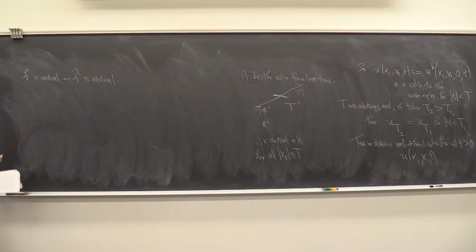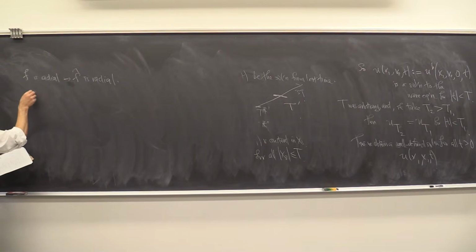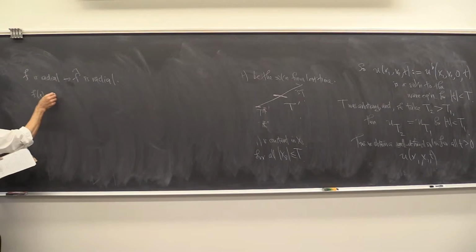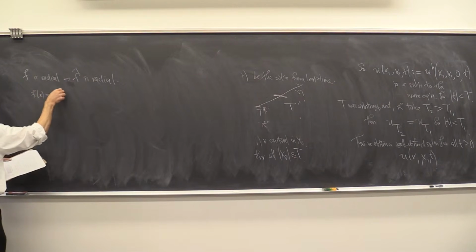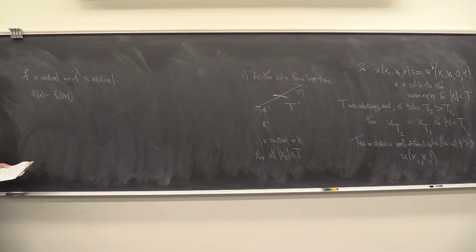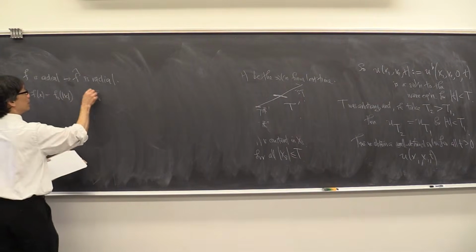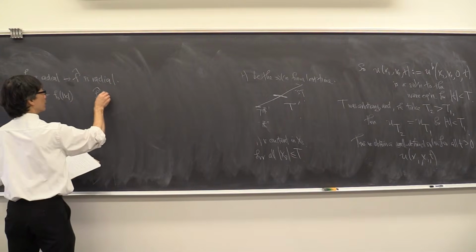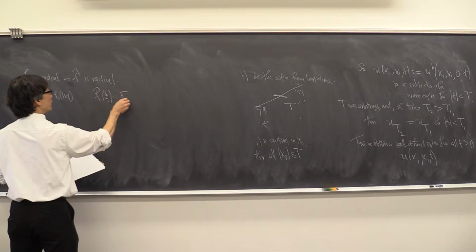There was this comment that if f is radial, then f hat is radial. Radial, of course, means that f is just some function of the size, so here f hat would also be some function of the size.